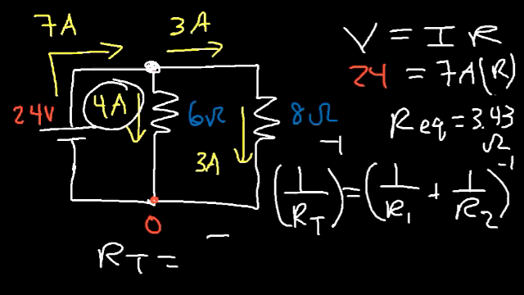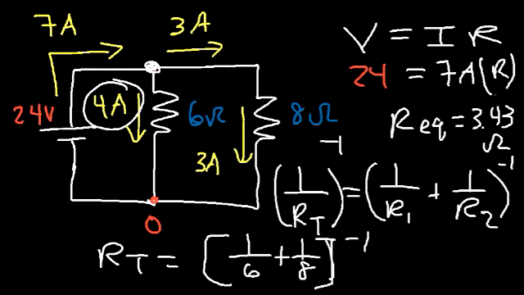RT is equal to (1/6 + 1/8) raised to the minus 1. If you type that in the calculator, you're going to get the same answer, 24 over 7, which is 3.43 ohms. So you can find the total resistance both ways.